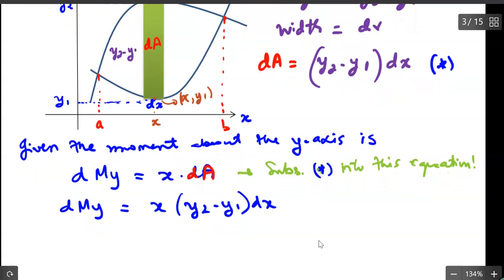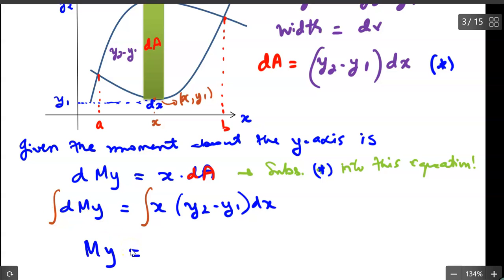Now I'm going to integrate both sides, because integration is an operation in calculus. If I perform the operation on this side of the equation, I can go ahead and do the same thing on the other side. The integral of dMy will be just My.